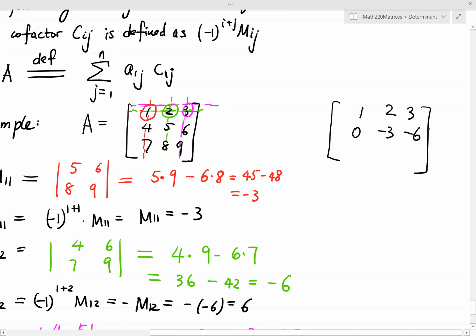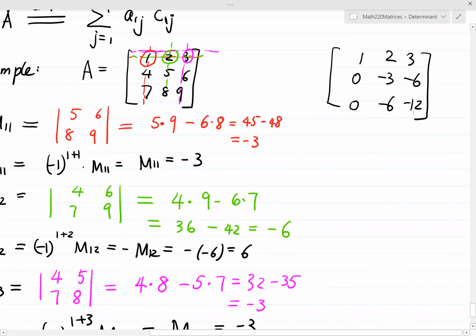I think this minus 7, so you get a 0. 8 minus 14, so you get a -6. 9 minus... so you get a 12 here. So this is indeed a 0.